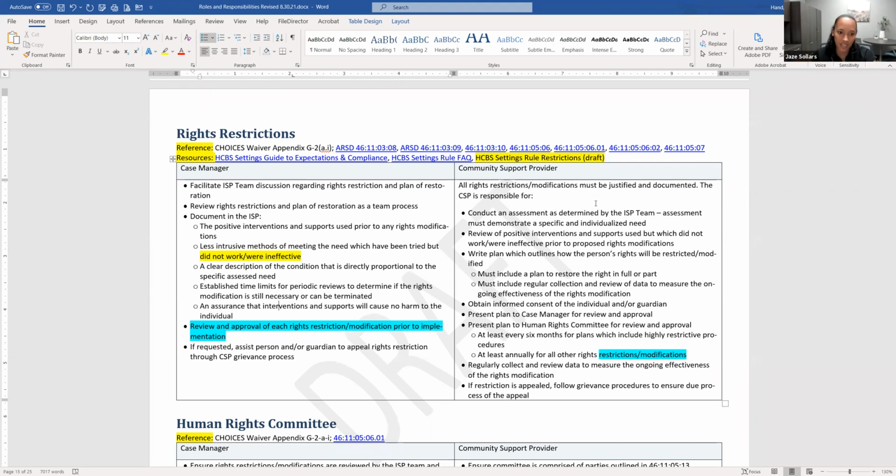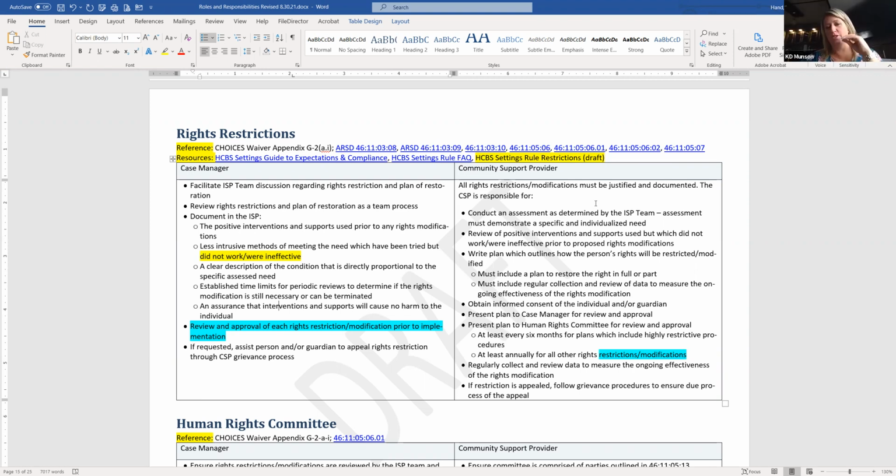The assessment that CMS is describing is that before a restriction is set in place, there needs to be an assessed need, whether that be a functional behavior assessment or some other type of assessment, done to demonstrate a need to implement a restriction. Does that explain the difference? Yep, thank you. You're welcome.